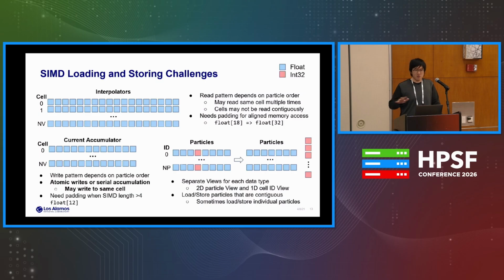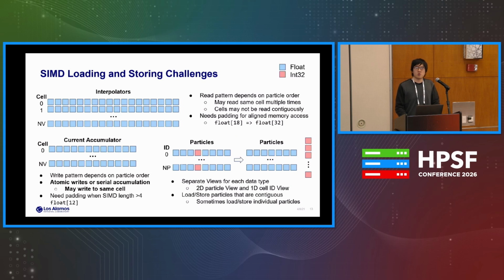And the particles can be in whatever order. They're hopefully sorted, but no guarantees. And this changes how we have to look at things for the memory layout. Accumulators in particular also have the additional bottleneck that we can write potentially to the same accumulator twice within the same SIMD lane, so we have to serialize things there.